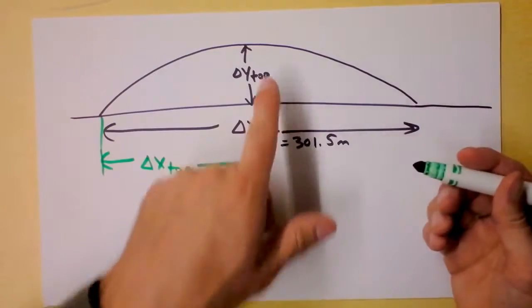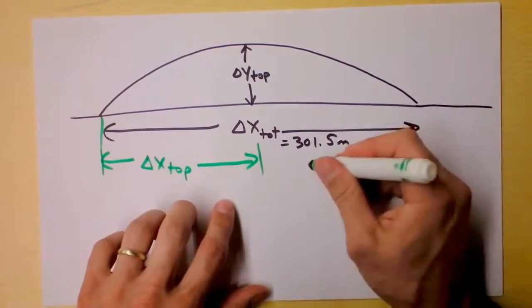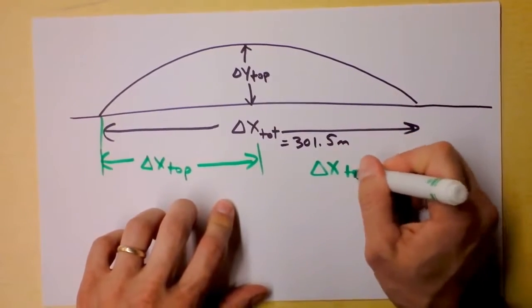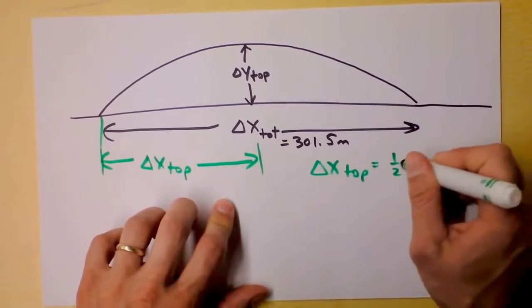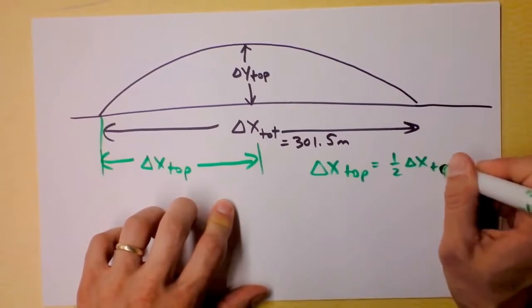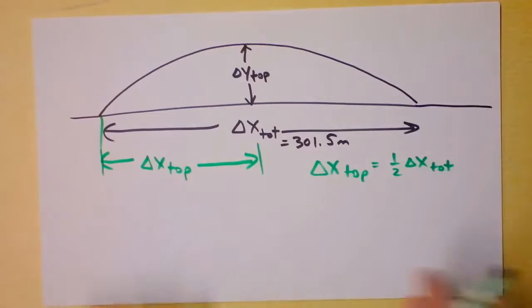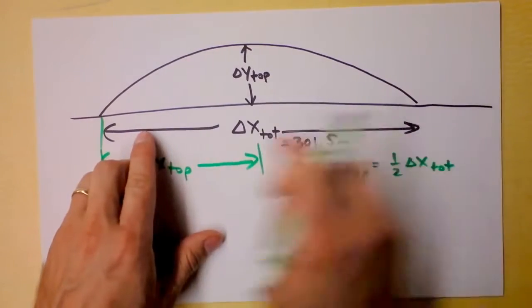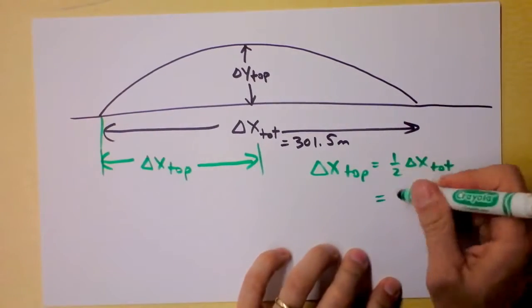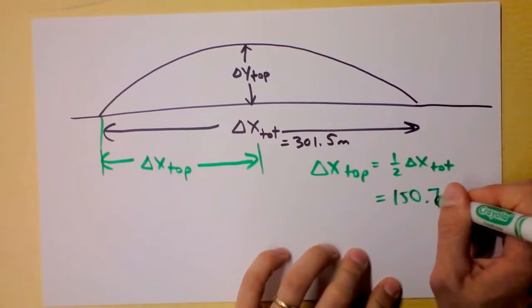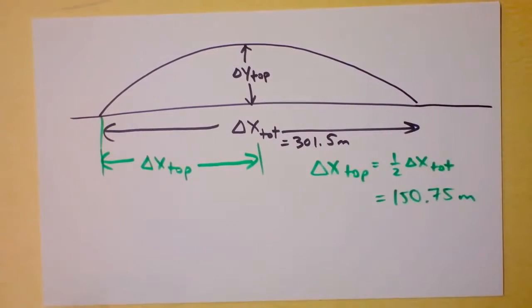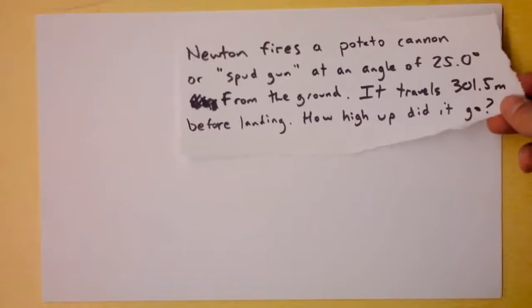And what I notice immediately is, because of the symmetry of this parabola, delta x top equals 1/2 delta x total. So I'm taking this total distance and dividing it by 2. In this case, it turns out to be 150.75 meters.